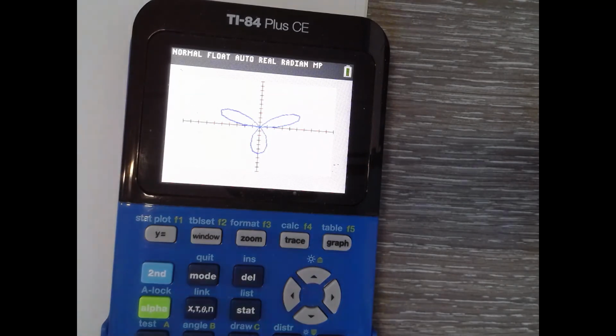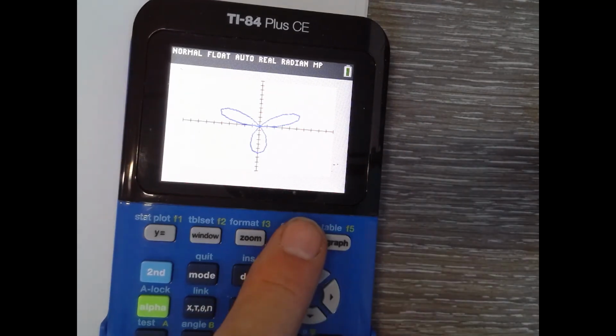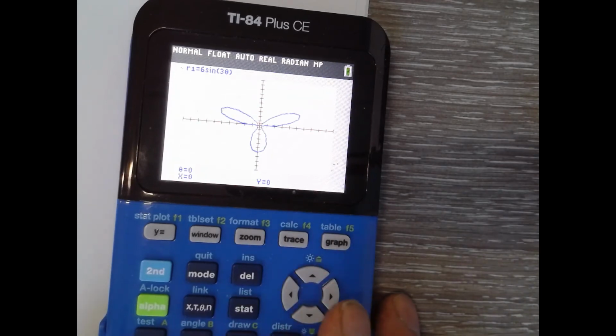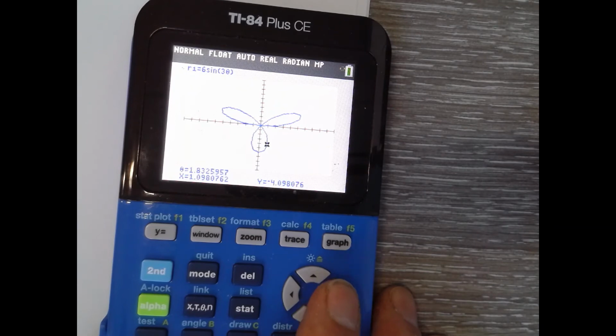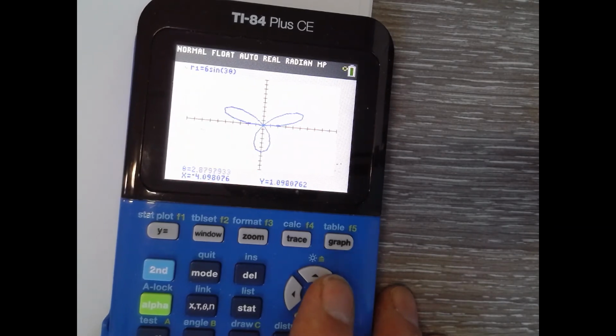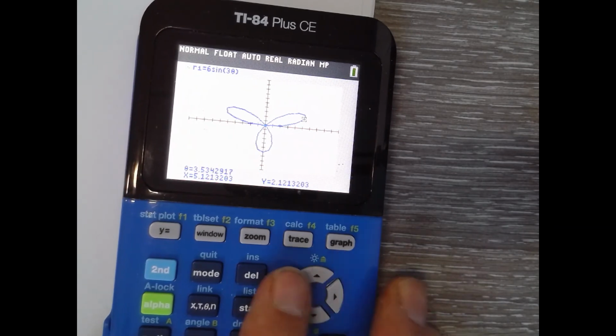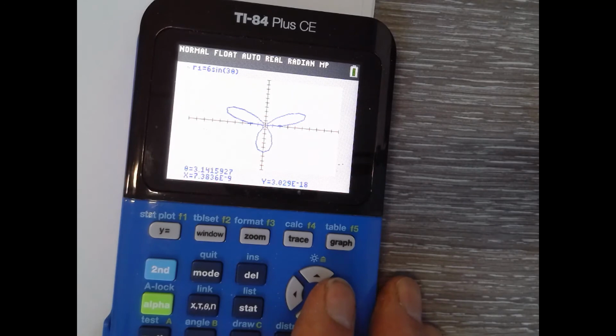So if I hit trace right here, it starts at 0. It's drawing the first petal, the second petal, the third petal. Looks like I finished at, oops, went a little too far. Well, maybe I'm not finished. If you go a little bit further, you see that it's retracing it again. So there are only 3 petals. It's not like it's going to add 3 more petals.